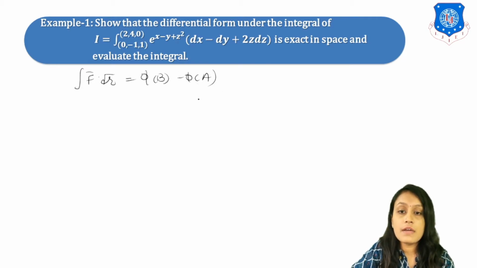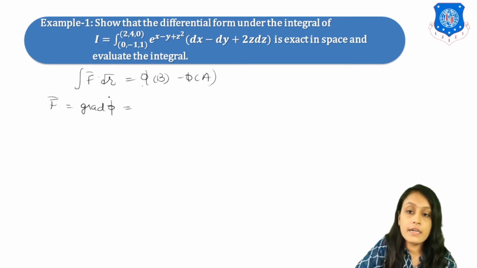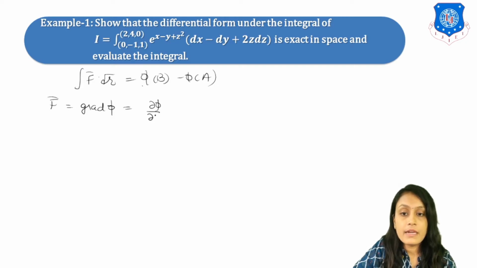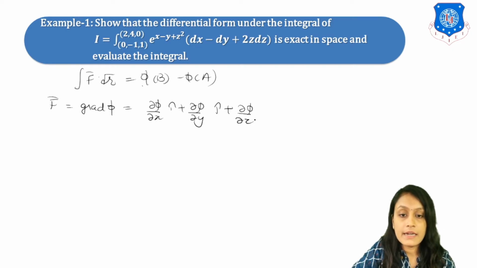So our next step is to find the scalar potential function phi. Now f is equal to grad phi, and the grad phi formula is del phi by del x i plus del phi by del y j plus del phi by del z k.